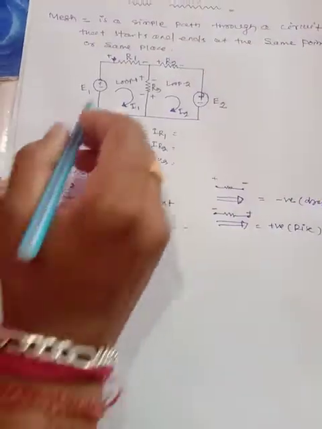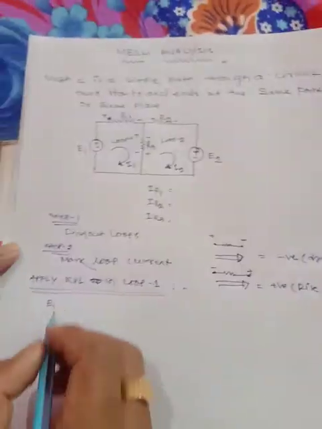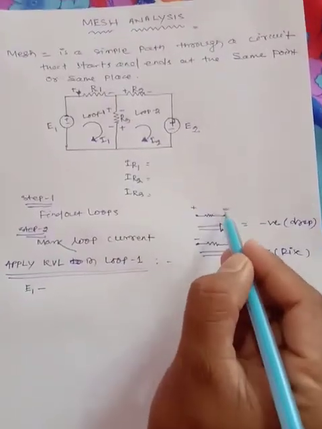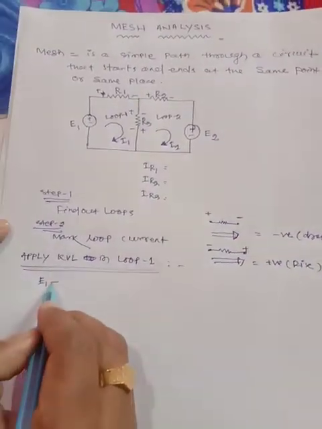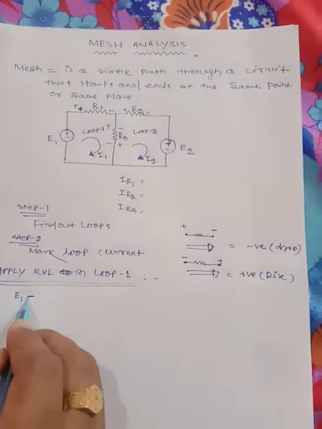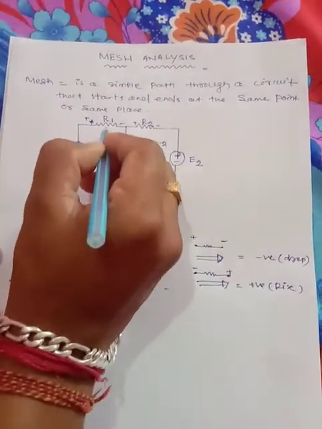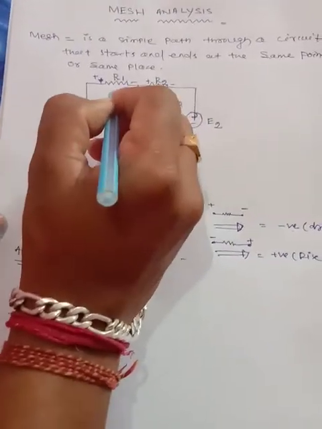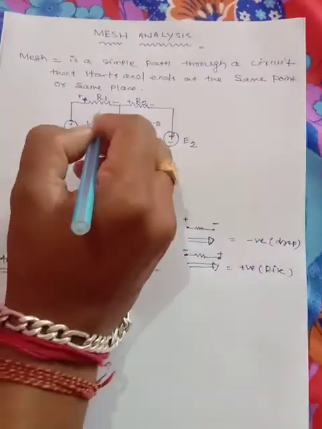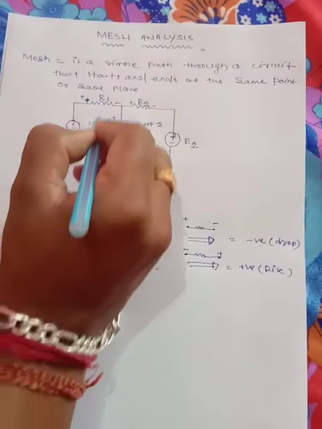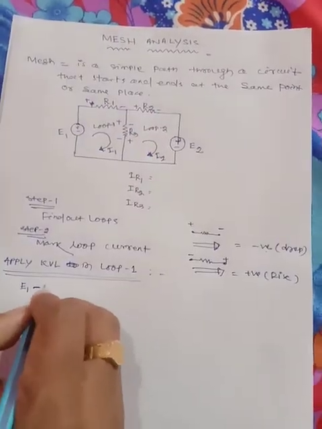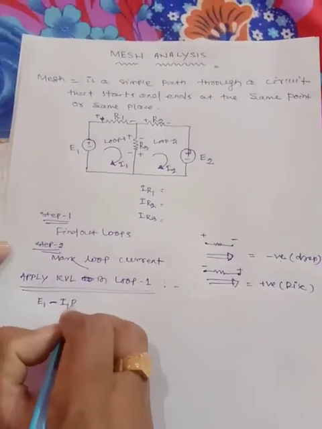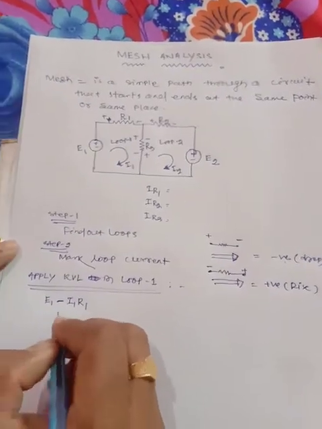So here E1 is positive to negative, so the value is negative, and I can write it as negative. Here is a single current, no common current is flowing, that is I1 current, so I1 R1.